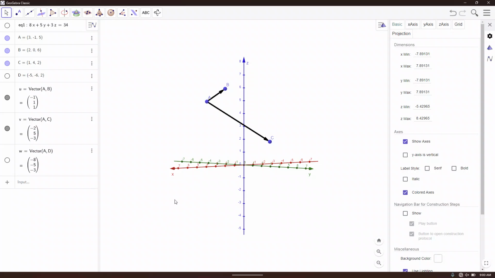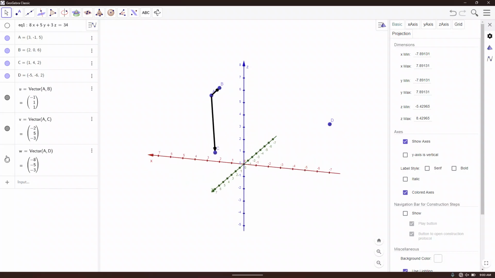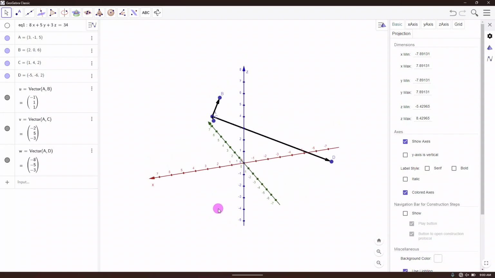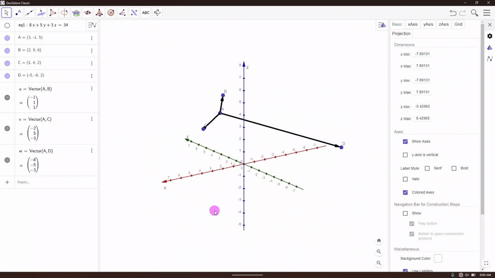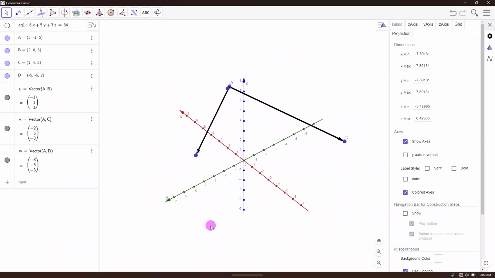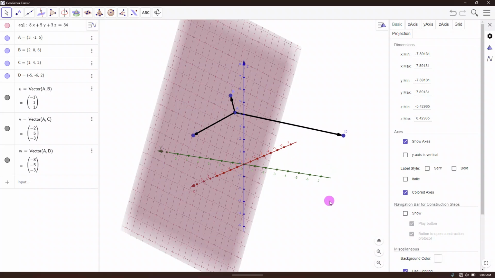Okay, so that is the vector. Let me put another point. That's D. Okay, that's A. That's this vector that is orthogonal. Does that look orthogonal? It does, right? Orthogonal in this direction, orthogonal in this other direction. So it works. So now I'm going to have the plane show for us.